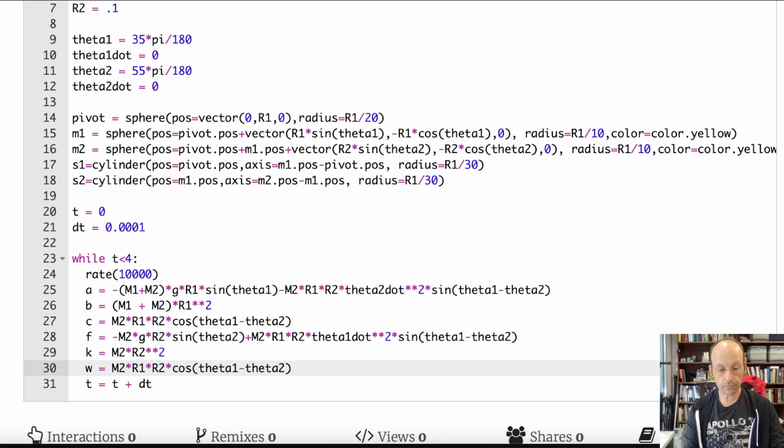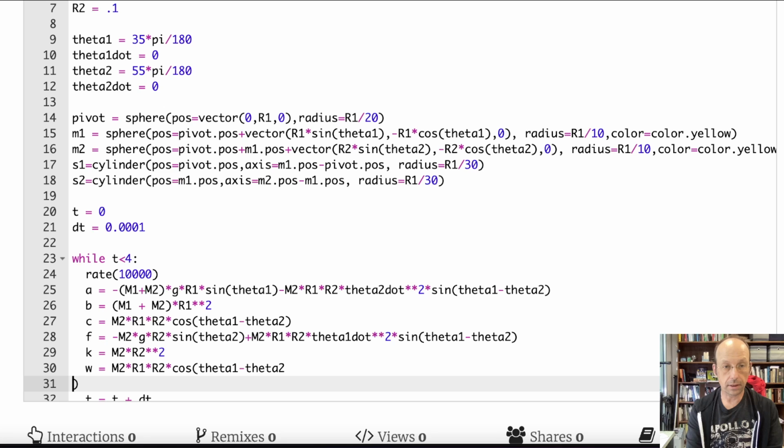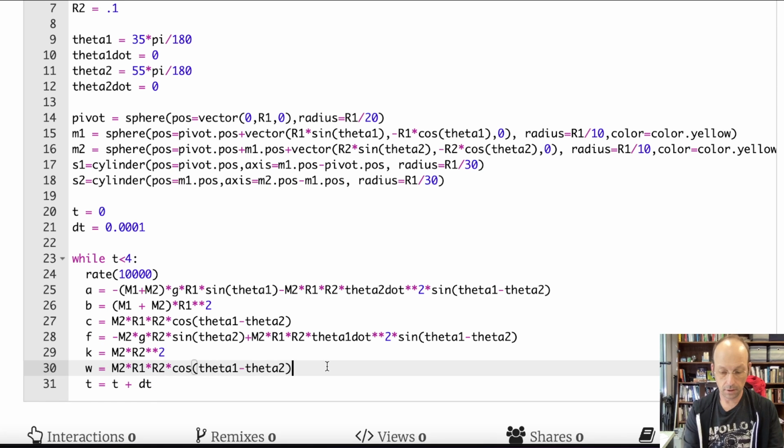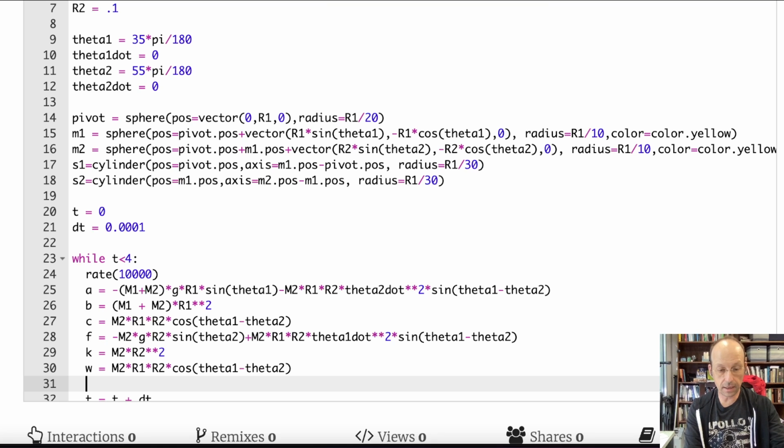Now, where'd I go for the other one? Here it is. Now I'm just entering these equations. So I need to calculate theta 2 double dot. I'm going to call it theta 2 d dot, for double dot. I know that looks like theta 2 dot with an extra d, but I don't want to type out double. That's too much work for me.